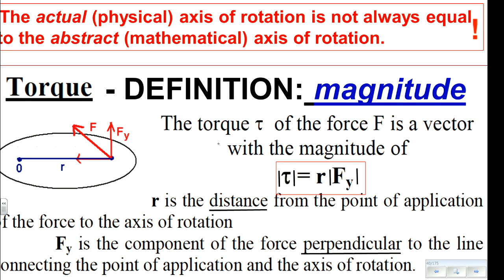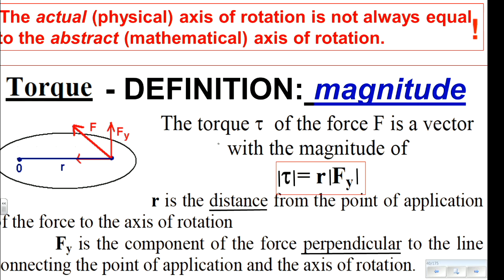It's like compressing the door instead of making it move. So the component of a force which is parallel to this line, which is aiming at the axis, is not responsible for rotational motion. Only the component which is perpendicular is responsible for rotational motion, and that's it. That's how we calculate the magnitude of a torque.